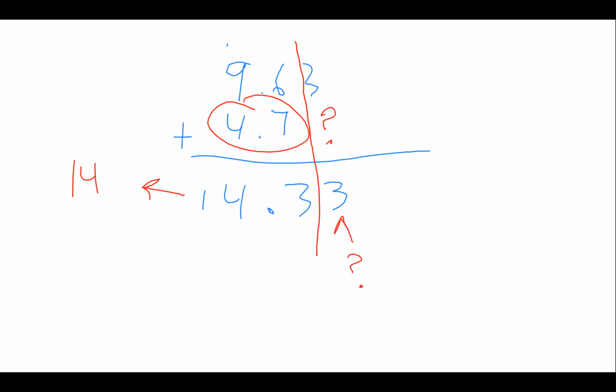And then what is 6 plus 7? Okay, that's good. So my confidence goes all the way out to the first digit after the decimal point. My answer then is not going to be 14. My answer is going to be 14.3.